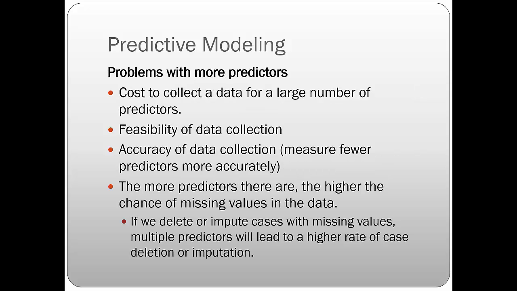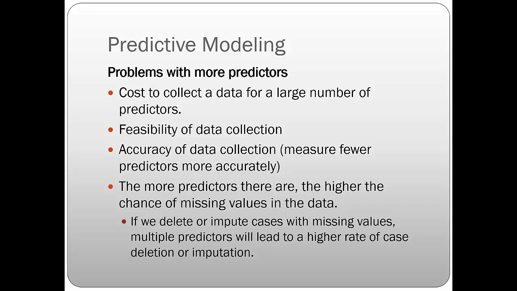Okay. So problems with more predictors. If you have more predictors, what's going to happen? Well, if you want to maintain a larger database, then you're going to have to collect more data and maintain the data, clean it, and all of that is going to cost you more. So cost of collecting and maintaining data. And some data, it may not be possible for us to collect. So feasibility of data collection is an issue as well.